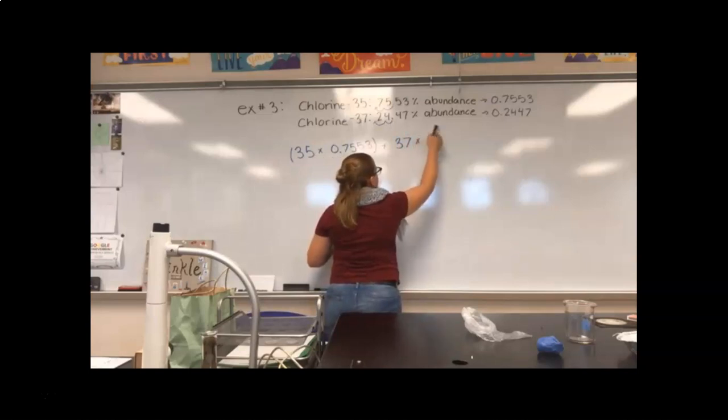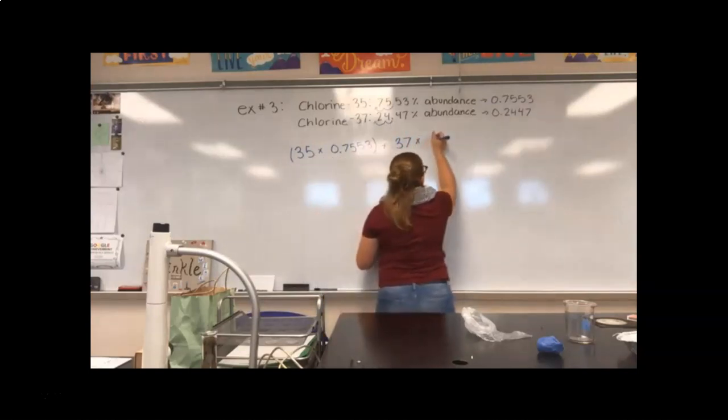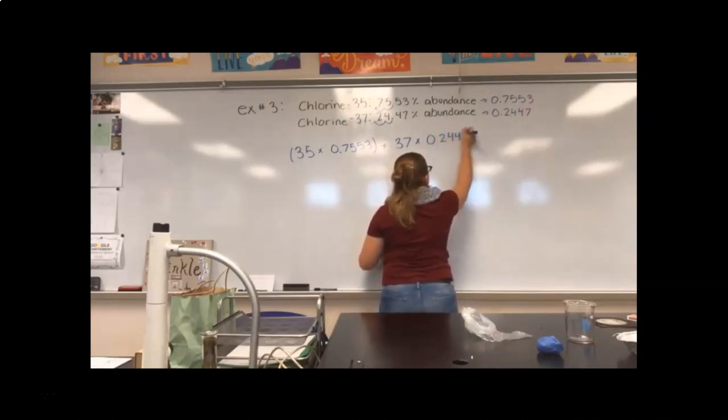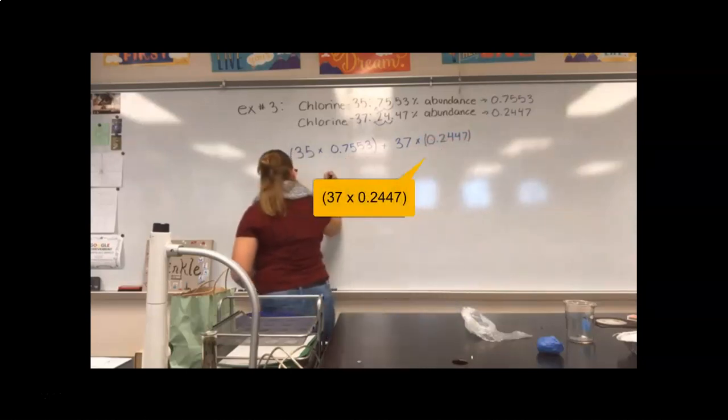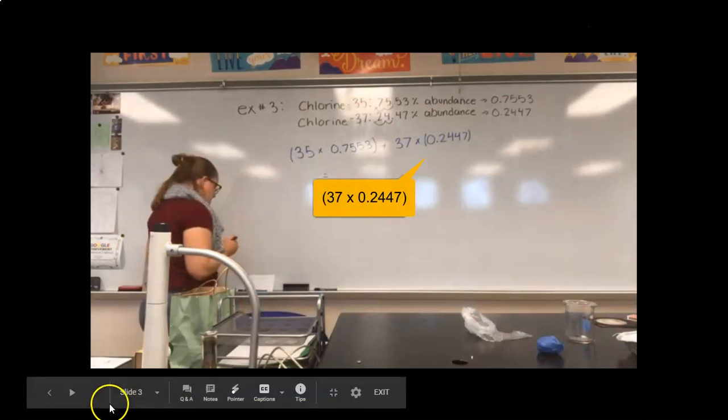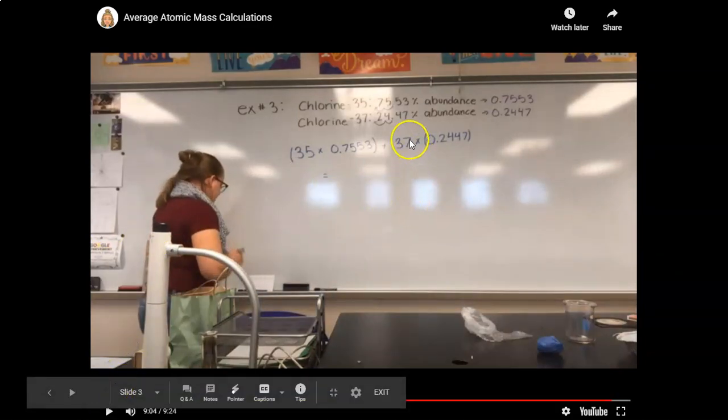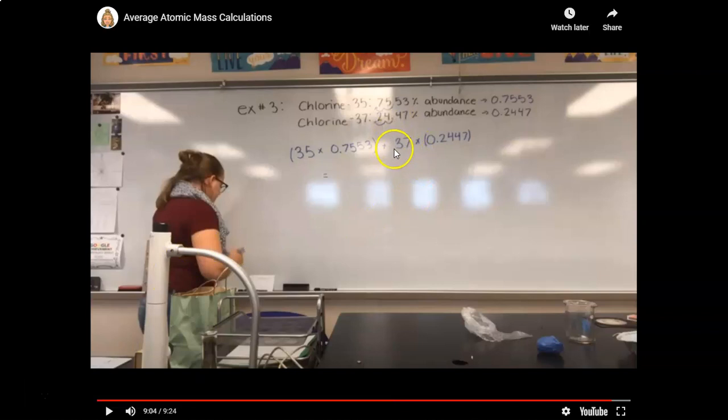And we go ahead and multiply by that decimal abundance, which is 0.2447. Then you go ahead and plug that in. The parentheses goes before the 37, not before the 0.2447.